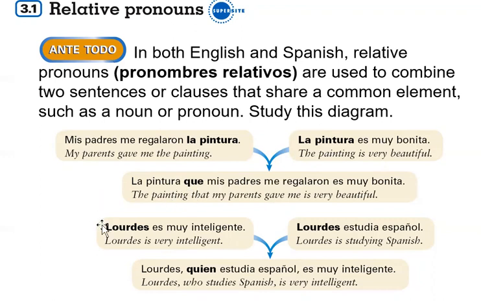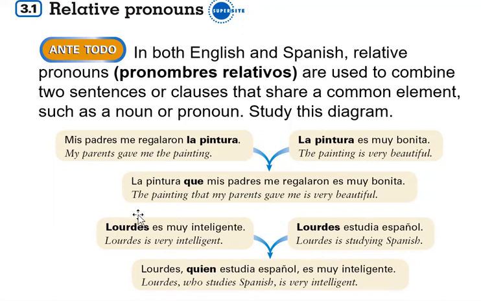Now, we can do the same thing with people. Lourdes es muy inteligente. Lourdes estudia español. We've got Lourdes is very smart and she studies Spanish. Let's put those together and we can say that Lourdes, who studies Spanish, is really smart. So Lourdes, quien estudia español, there's the information from the second sentence combined with es muy inteligente, the information from the first sentence.